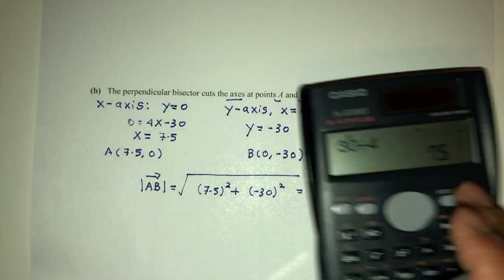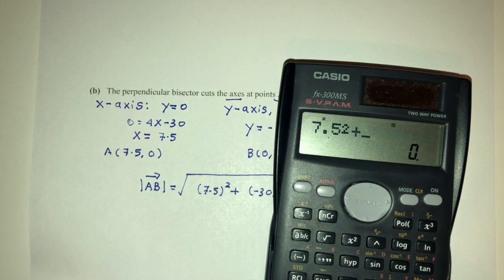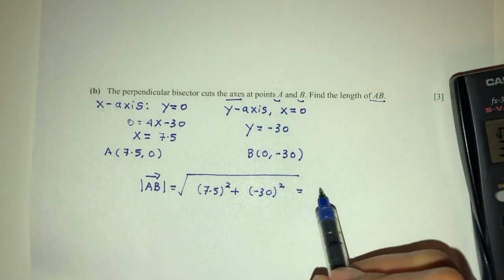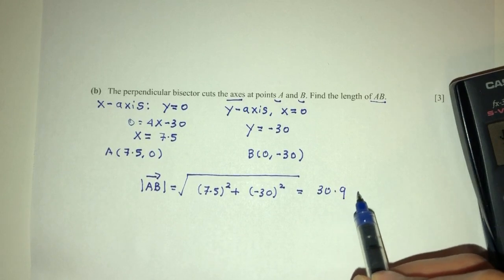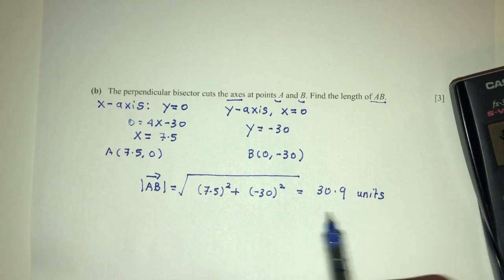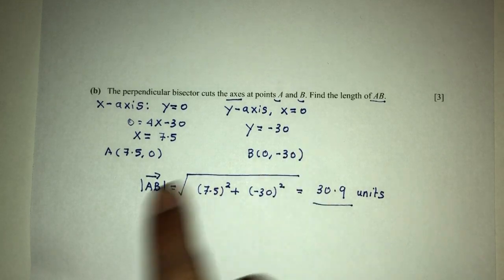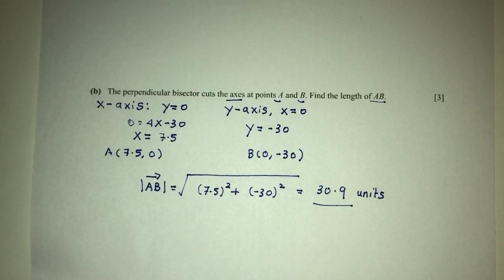Let's see what we get. That will be about 30.9 units for the length of AB. You can always make a drawing and then find the value as well. It is up to you. In this case, I just used the 2 points and used my formula to find the length.